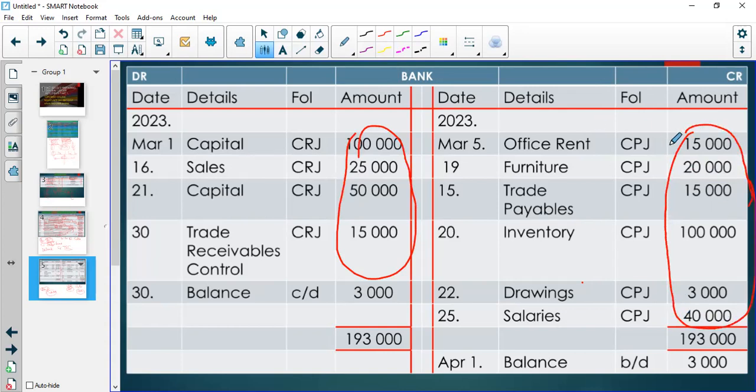So if we start with the credit side, then we're gonna have 15,000. Plus 20. This is the 20 plus another 15 plus 100. Plus 15 plus 100. Plus this 3 and a 4. So that's plus 4, 3. So I get 193, right?